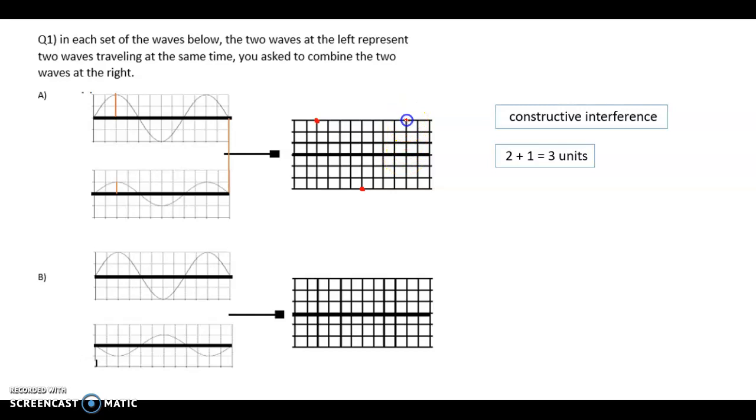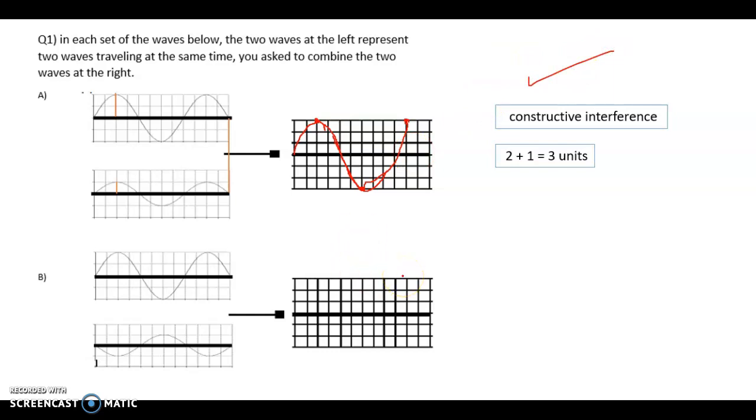And it would be here. So now I'm going to connect between these points. So this is how we draw the waves in this case. In this constructive interference, we just add the amplitude for each case.